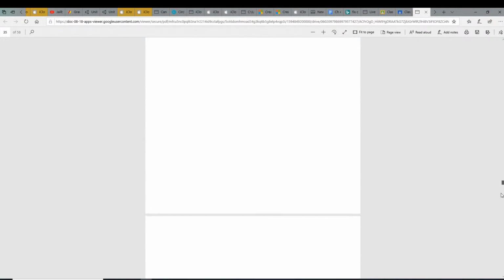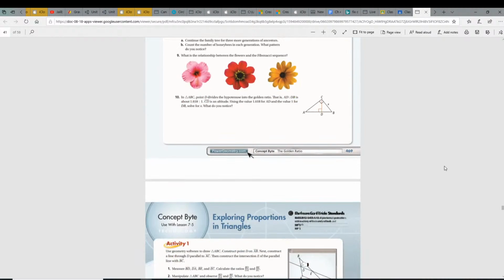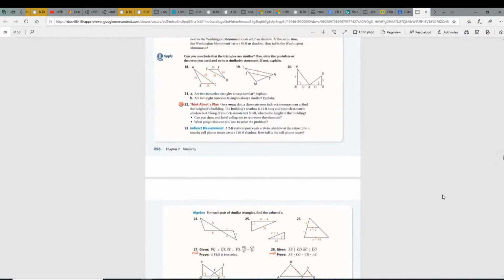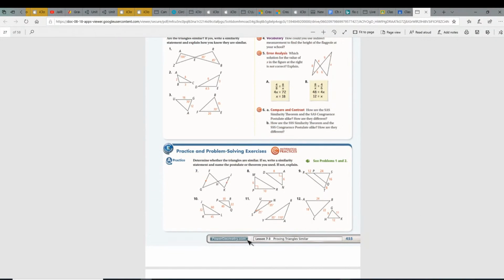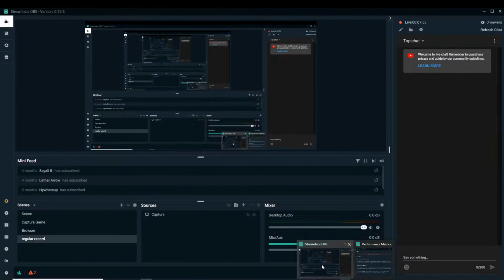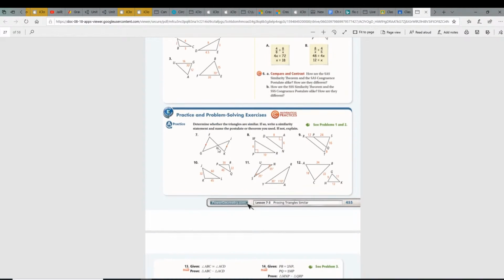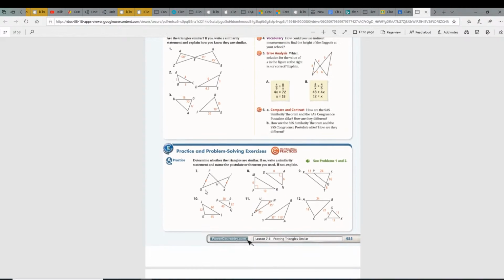We're on 455. So we already proved that these two triangles are similar, okay?